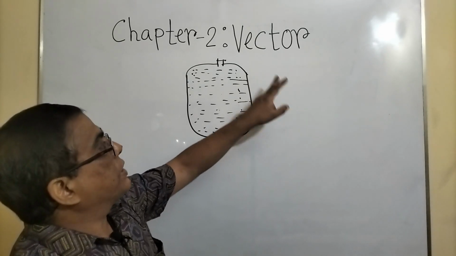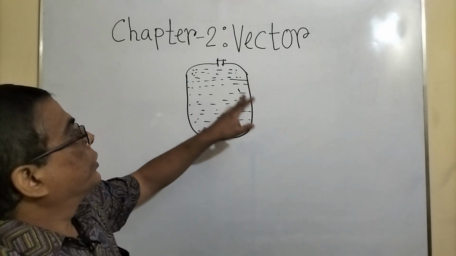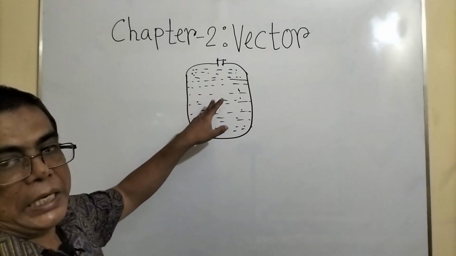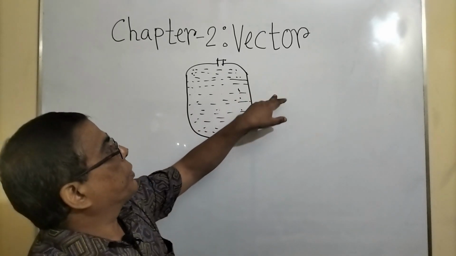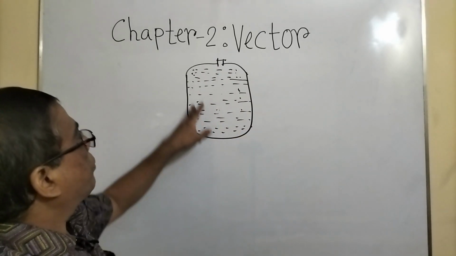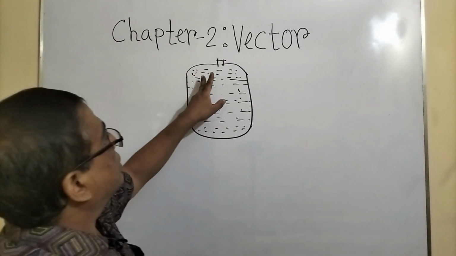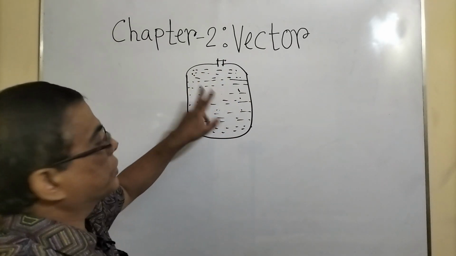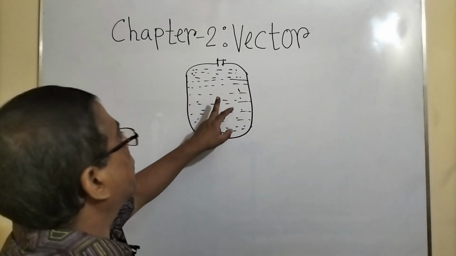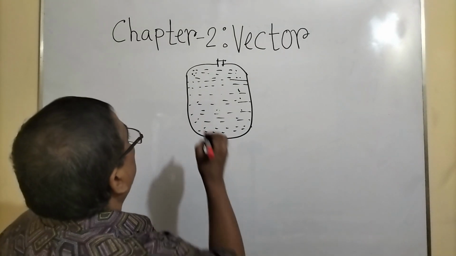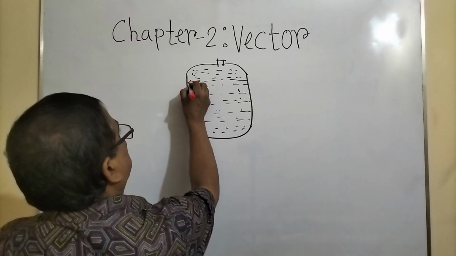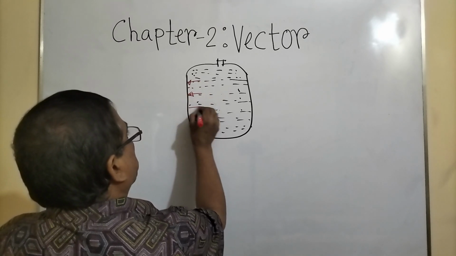According to Pascal's law, in the case of gas, the pressure is the same at every point inside the cylinder. So the pressure has only one magnitude, but the pressure is acting in these directions.